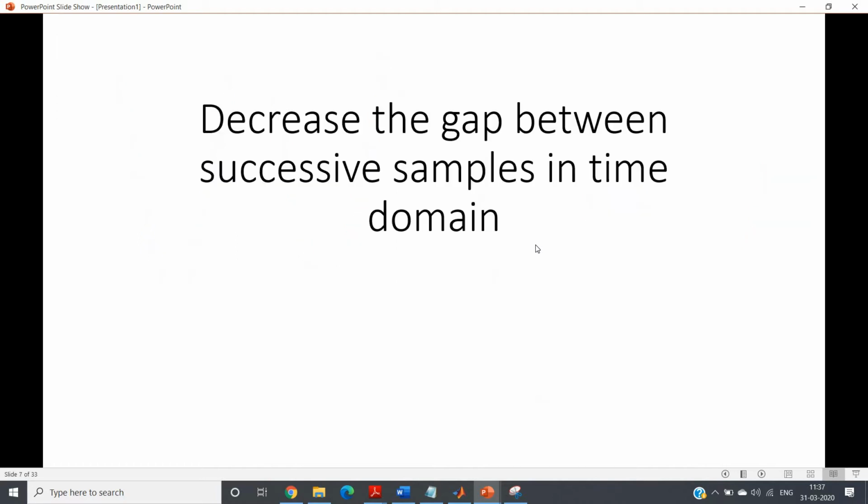So the idea is that if you decrease the gap between successive samples in the time domain, you will have higher resolution, and after reconstruction your signal will almost look like our original continuous time signal before sampling. That is the simple idea.